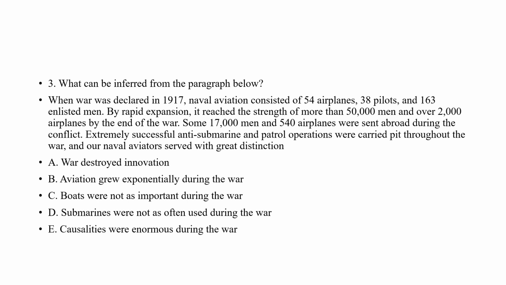So the next one is talking about what can be inferred. So when we read this, we see first off the word aviation consists of 54 planes, 38 pilots, and 163 enlisted men. Now they're talking about, oh, well, it's 50,000 men, 2,000 planes by the end of the war.